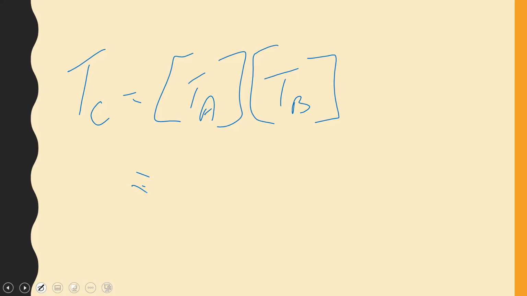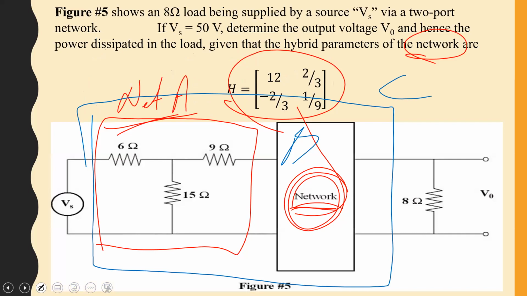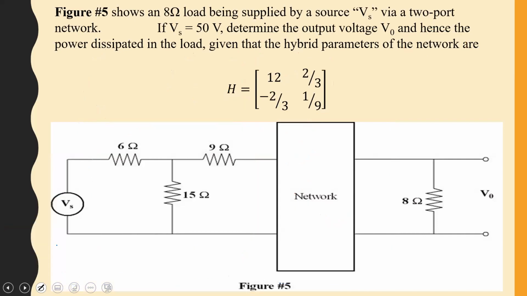A is V1 over V2 with I2 equals 0. Could you repeat that, sir? A, V1 over V2 with I2 being 0. If I2 is 0, based on the network you have here, and I'm looking just at the 6, the 9, and the 15.